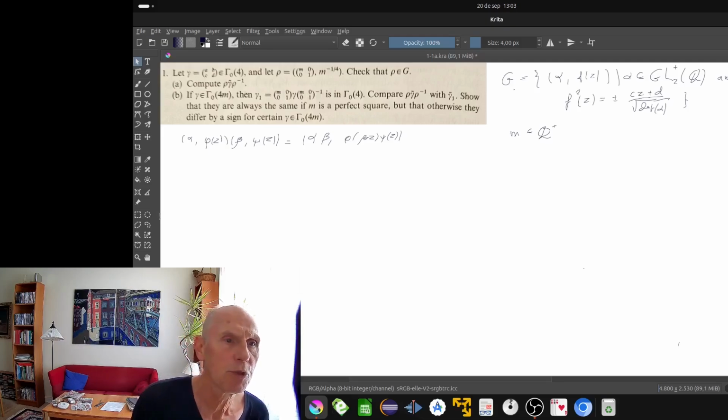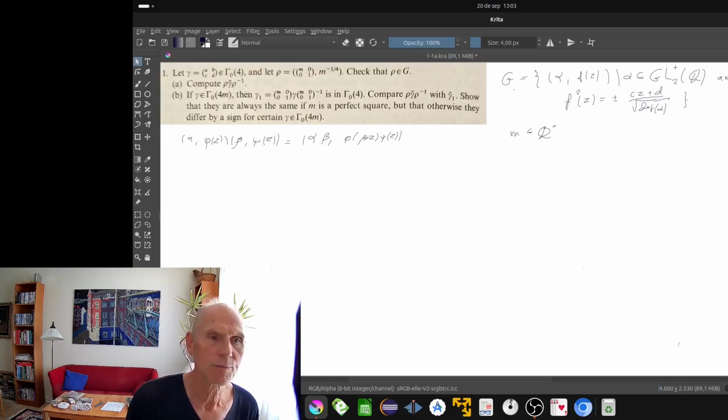Then we must compute this, and it's both the matrices and the tilde means that they have some function that they haven't written.